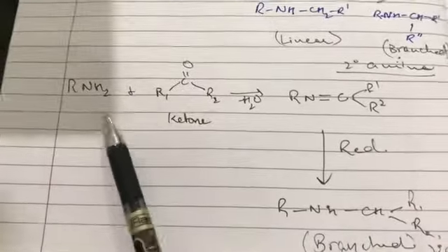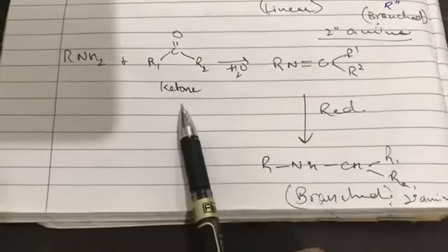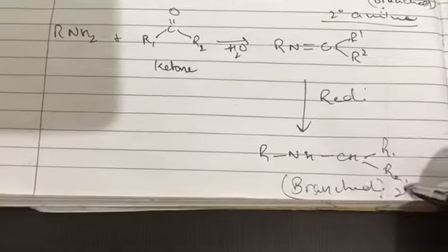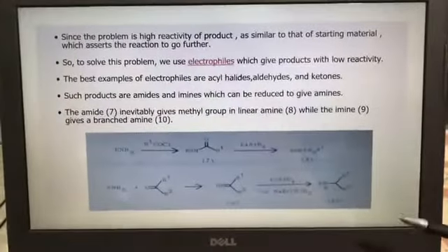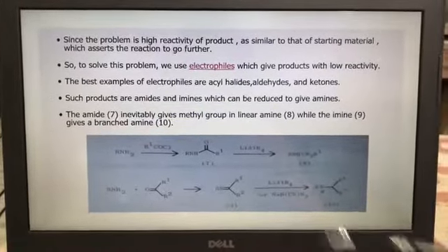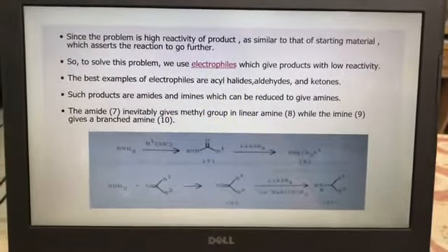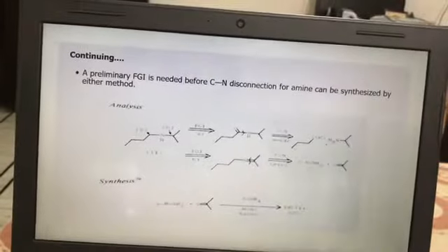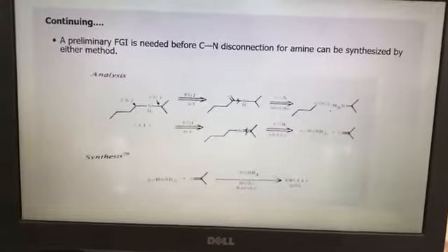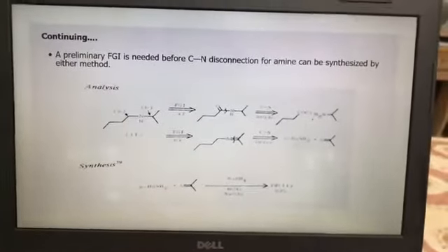Just like that, in ketone, we get an imine. The imine is then reduced to get a branched amine. Since amide and imine give different types of products, one linear and another branched, in disconnection we use FGI to differentiate which method is used for the synthesis of the target molecule.